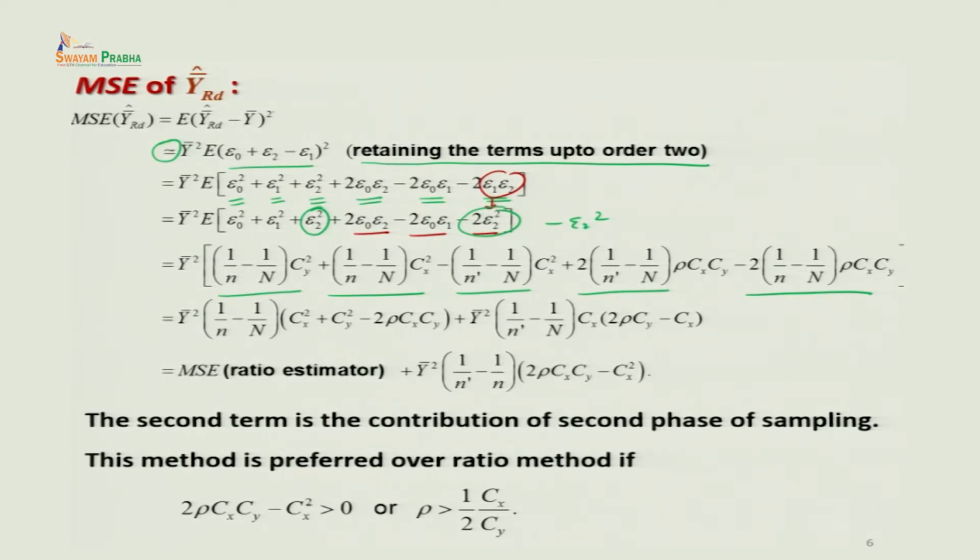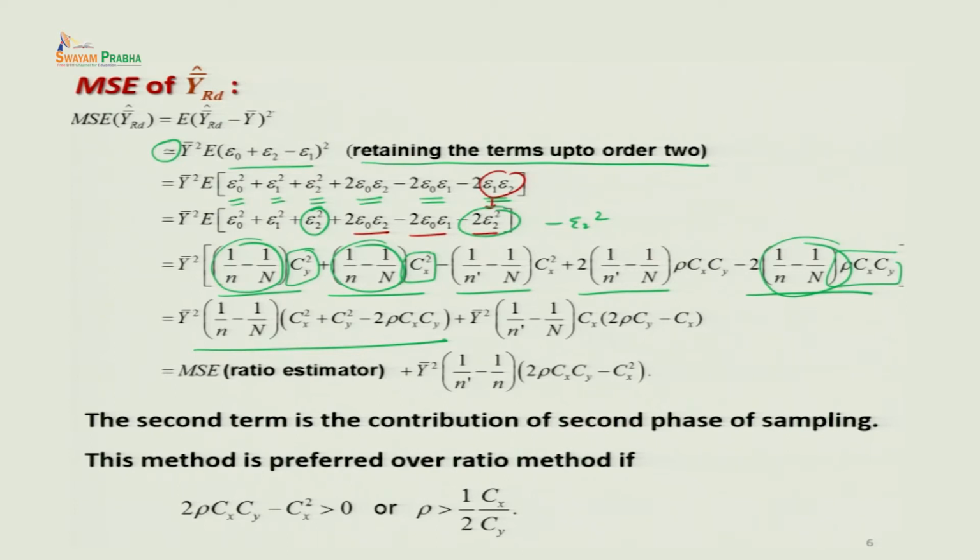And then if you try to see here, I am simply trying to take the common factor. There are 3 terms here with 1 upon n minus 1 upon capital N. So, if you try to take them common, then this is Cx square, Cy square and minus 2 rho Cx Cy, which comes here, right.